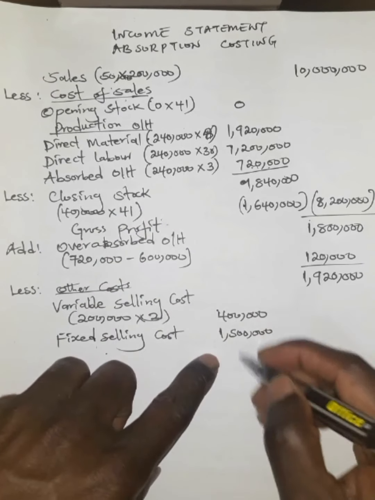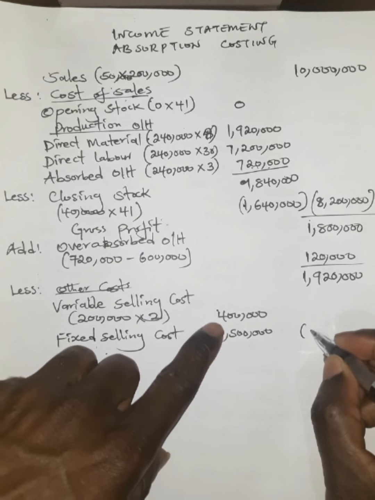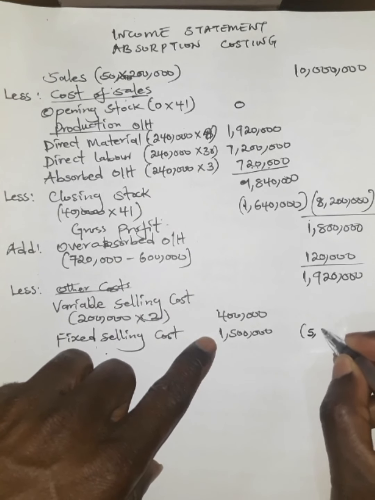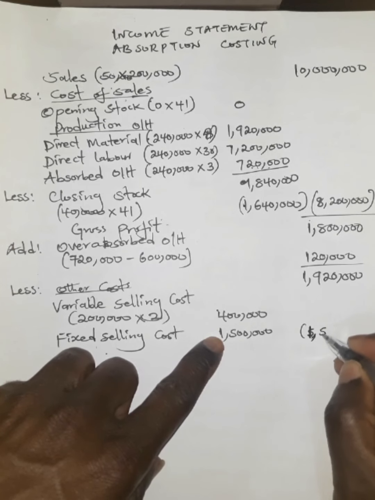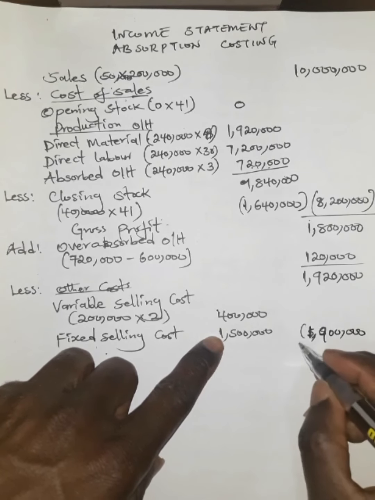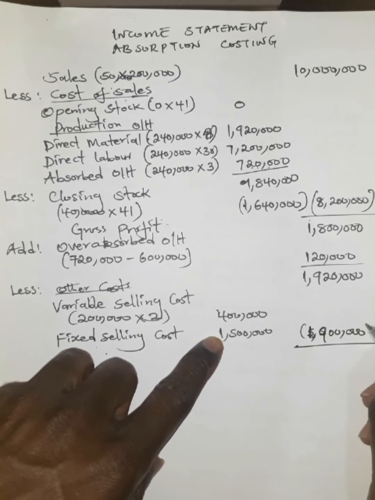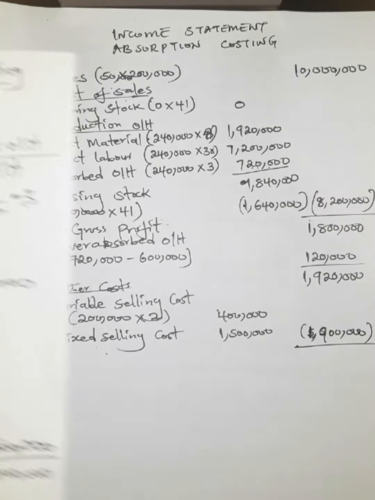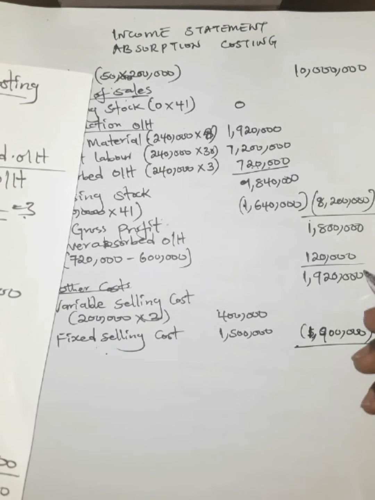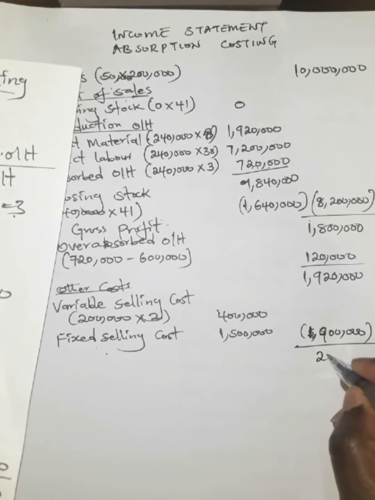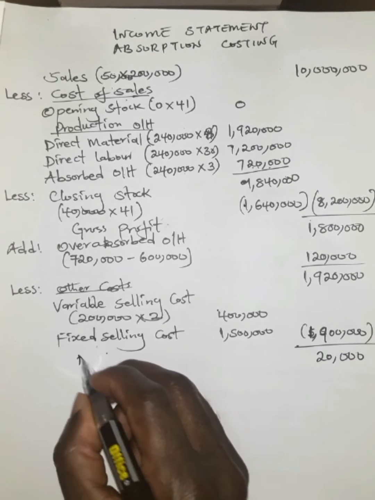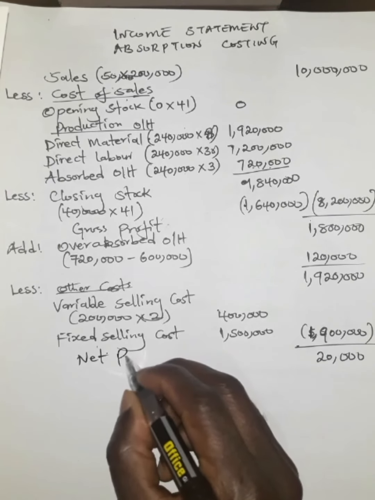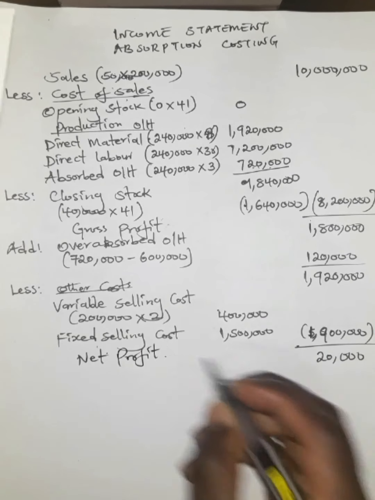When you add these two, you're supposed to get a value of 1,900,000. When you subtract that particular value from the other one, you get an amount of 20,000. And this one being a positive number, it is a net profit.